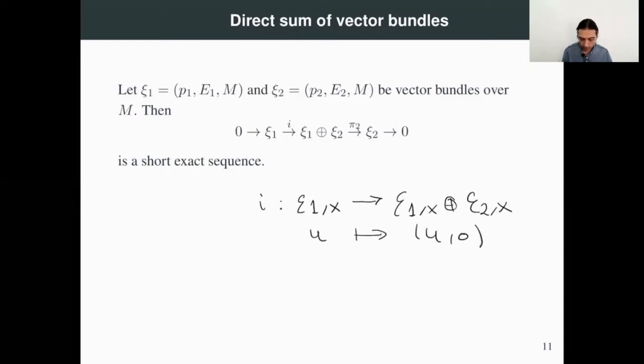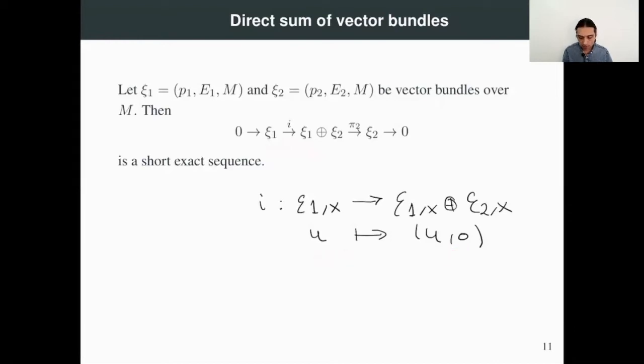And pi 2 is just the projection in the second component. And this sequence is clearly a short exact sequence. In every fiber, this map is surjective. This map over here is clearly injective.